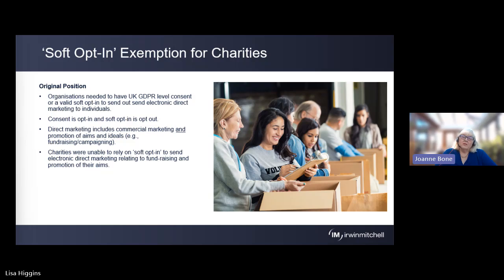And where I said it relates to direct marketing, I'm not particularly talking about, certainly in the charitable context, where people are trying to sell goods or services. Direct marketing, and a lot of people are a bit surprised by this, from a charity point of view, covers fundraising, and it also covers the promotion of the aims of the charity.